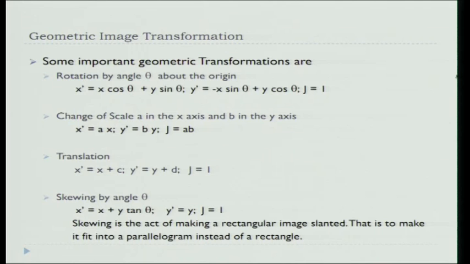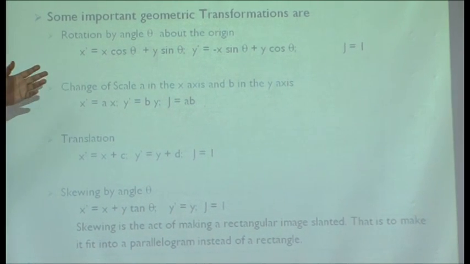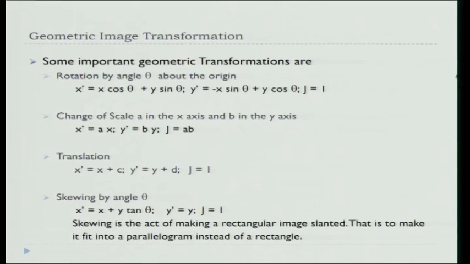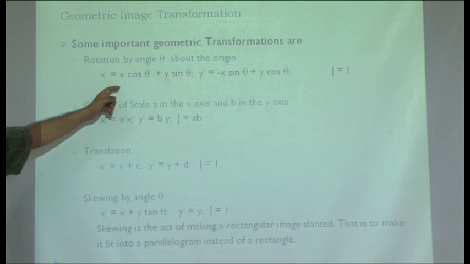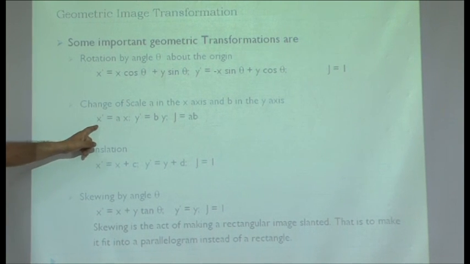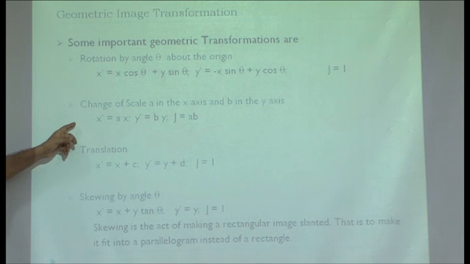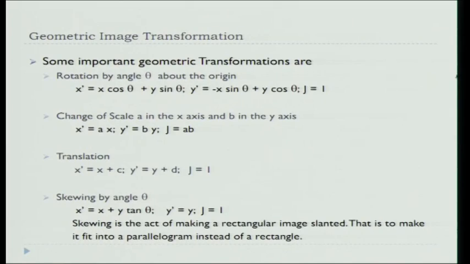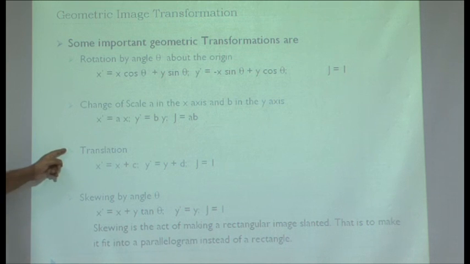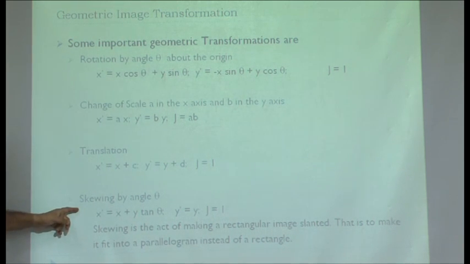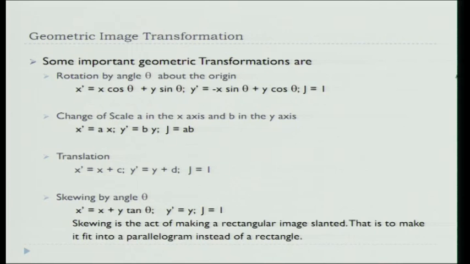So, this is the standard formula of rotation, right, that I want to convert polar to Cartesian, same idea here, and if you take the derivative of this, you will find J is 1. For the scale it is also a b, so you cannot tell it is invariant to this perfectly, because it is dependent on the values of a and b, and likewise translation and skewing by theta angle.